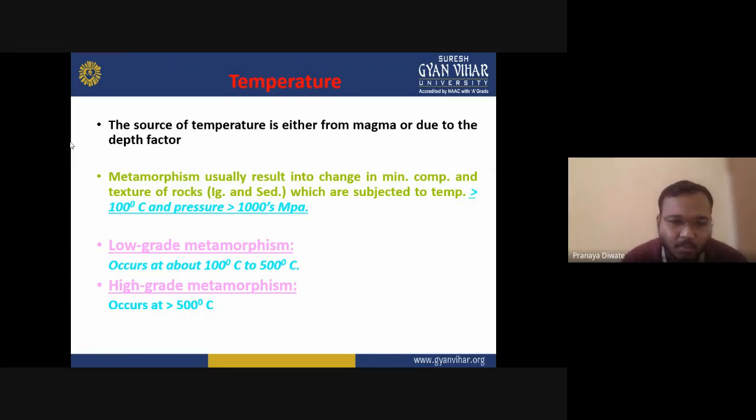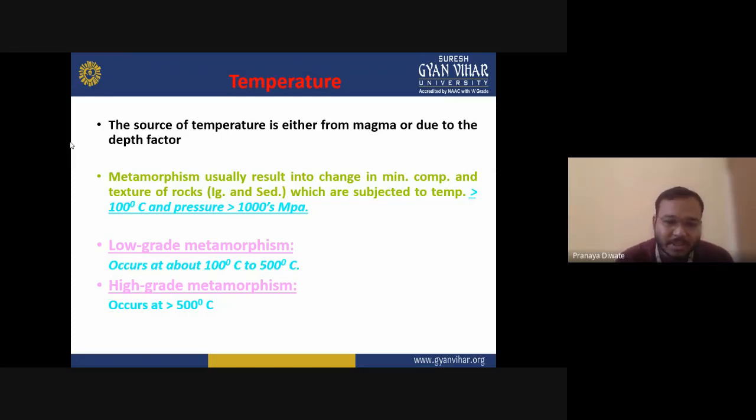In geology, if you know the terms and your vocabulary is good, you can write down the answer in your own words. If you don't know the terminology, or have not read it, there are two kinds of metamorphism: low grade and high grade metamorphism.